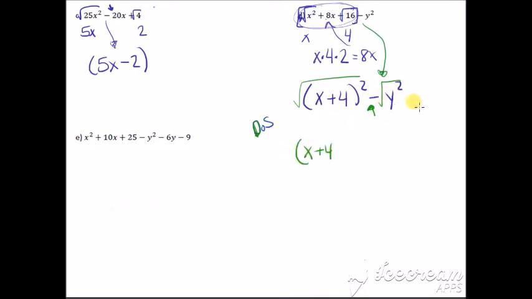And when we root the second term, we get y. So the pattern here, and we're going to get more into the theory, is the root of the first term, x plus 4, plus the root of the second term, and then the root of the first term minus the root of the second term.